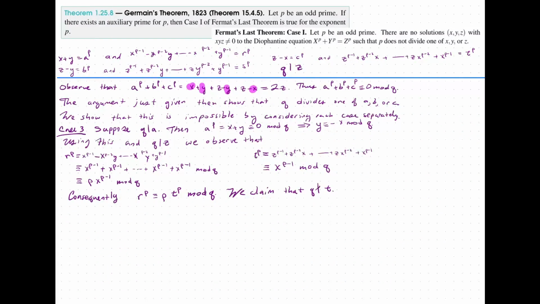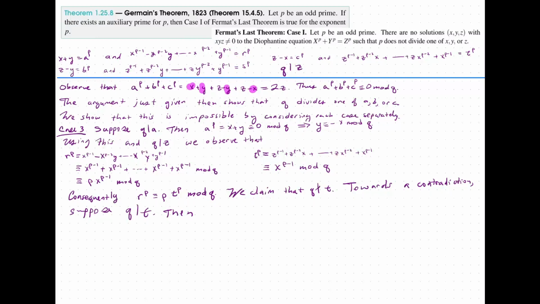So we're going to do this once more by contradiction. So let us suppose that q divides t. But now, if q divides t, we are in trouble, because then that would imply that q divides x.